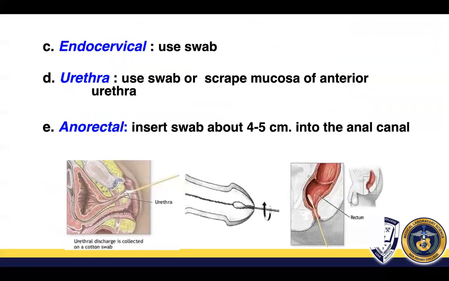For endocervical, urethral and anorectal samples, you can go for a swab. Okay? Remember, you have to collect 2 swabs. So this is usually done by an expert again. Okay, for endocervical and anorectal, this can be done by physicians, okay, or OB-GYN. For the anorectal area, the swab should be inserted at least 4 to 5 centimeters into the anal canal.